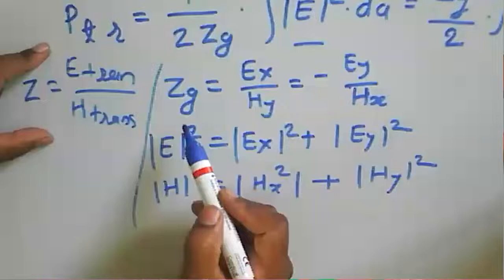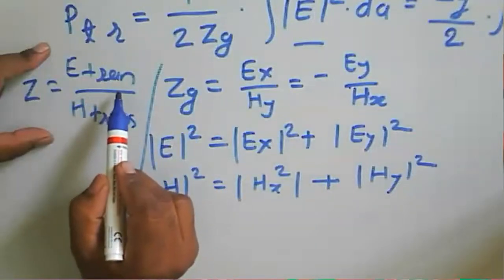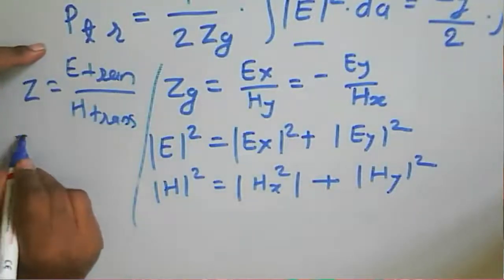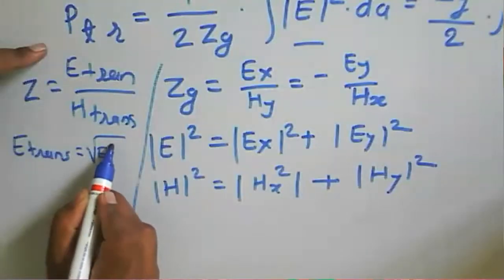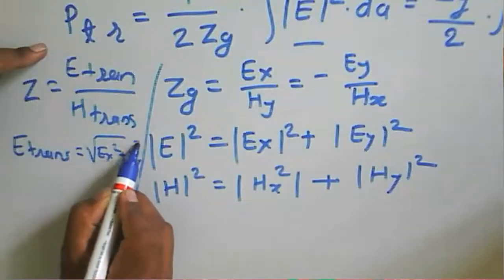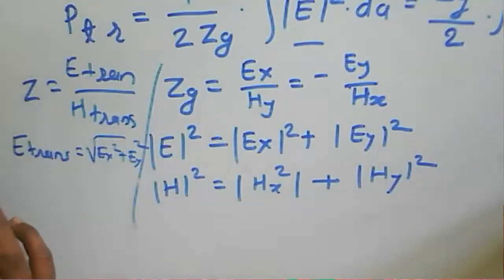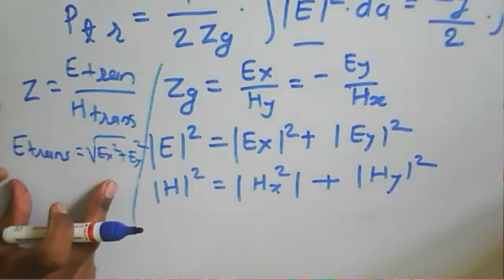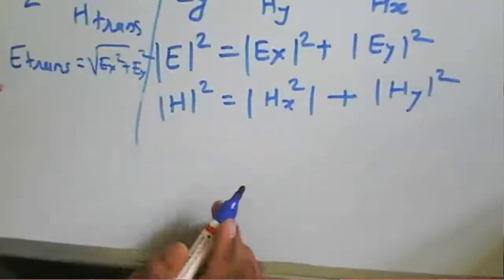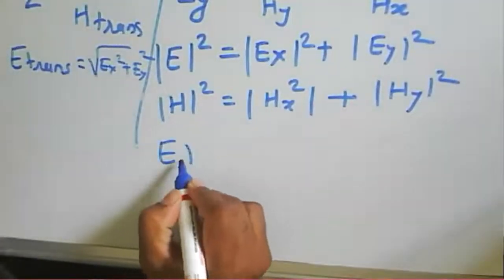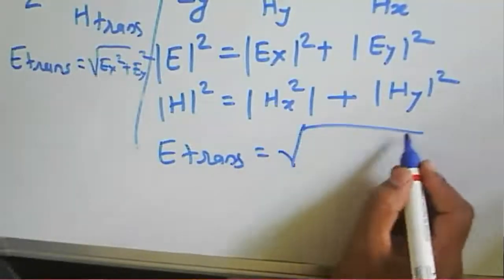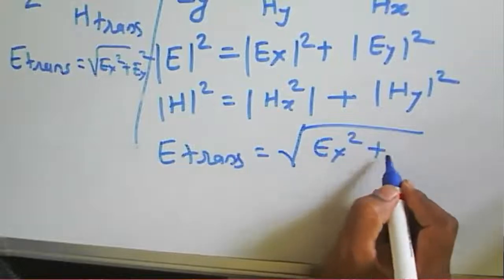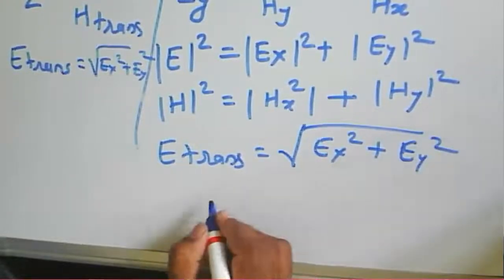For example, suppose we consider that E trans here is nothing but under root of Ex square plus Ey square.